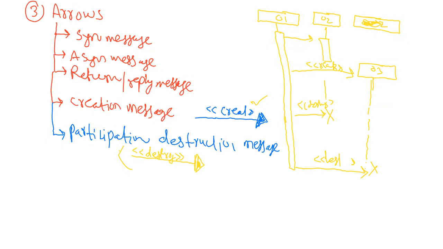Yeah, see, initially you have, I'll explain, suppose object 1 and object 2 only. This is suppose the activation line of this object, and you are sending a message to this object, it gets instantiated. Now you want to create a new object.